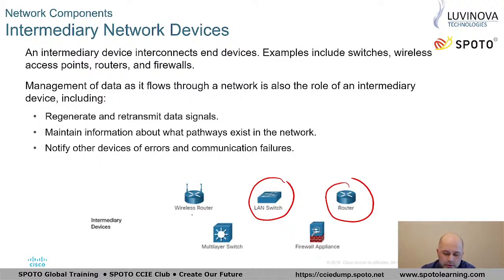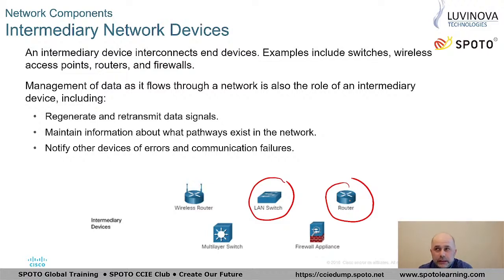I would like to point out that we're going to talk about LAN switches, or just switches, and routers, because those are core intermediary devices in any network. Of course, there are wireless routers, but the principle for all those devices is the same.